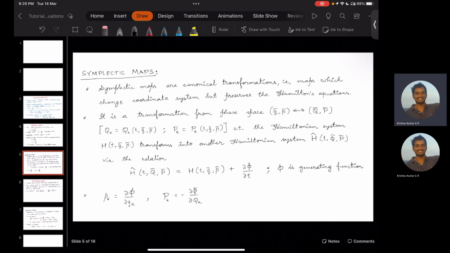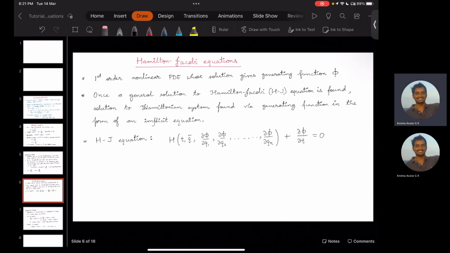So pk is equal to the partial derivative of phi with respect to qk, and capital Pk is the partial derivative of phi with respect to capital Qk. Essentially, this is what we obtain using our generating function.